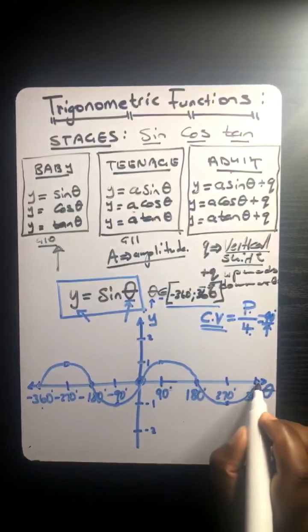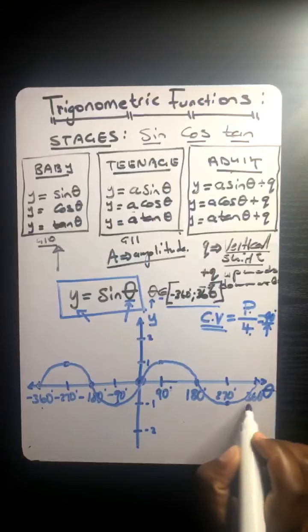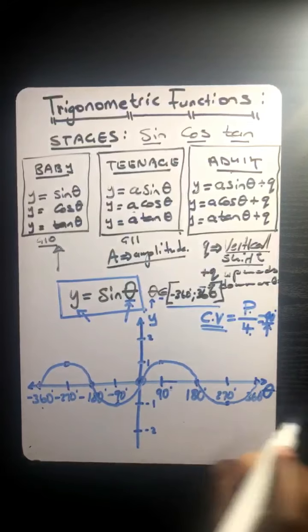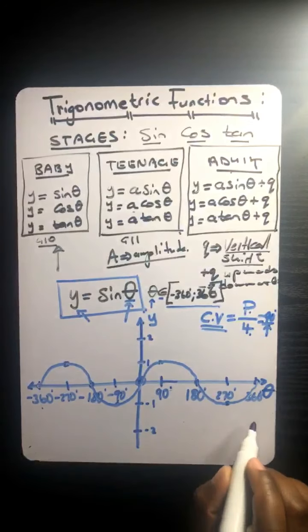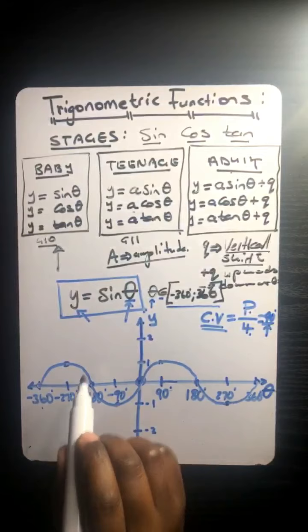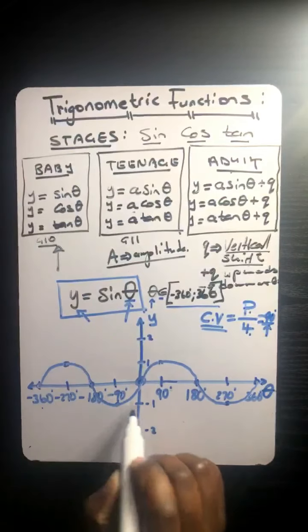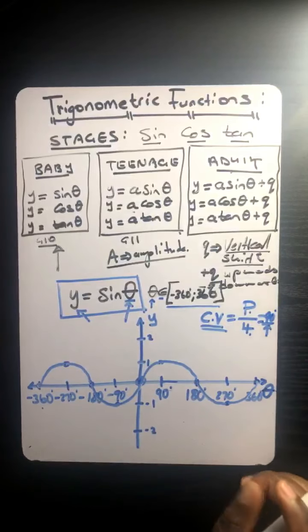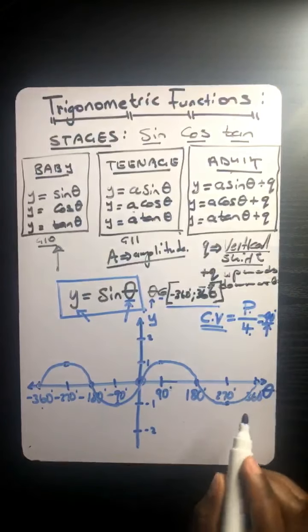If we had to continue in that direction by adding 90 from that 360, and adding and adding, it means this shape is going to repeat itself after every interval of 360. That's what we mean by the period.